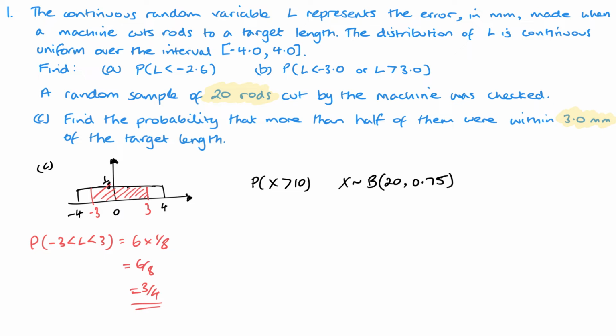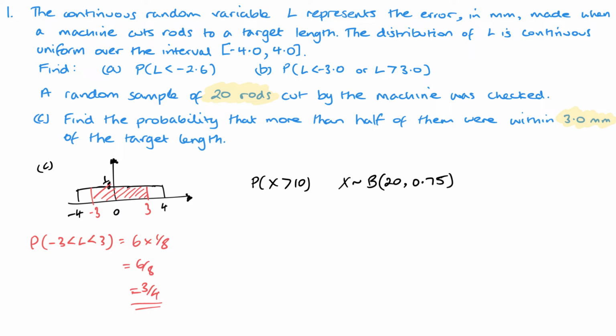Now, if I'm using my calculator, I can actually do it straight from here. However, if I'm going to use the formula booklet and the tables, I'm not going to be able to do it because this probability of 0.75 is not in my tables. However, 1 minus this, 0.25, is.